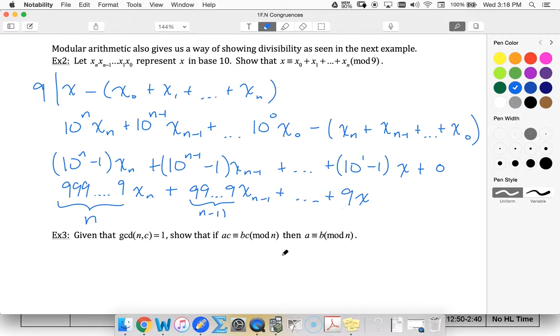Of course, I can factor out a 9 from this, so this is equal to some 9k. Therefore, this is true, that 9 is a divisor of this quantity. Therefore, x is equivalent to the sum of its digits mod 9.